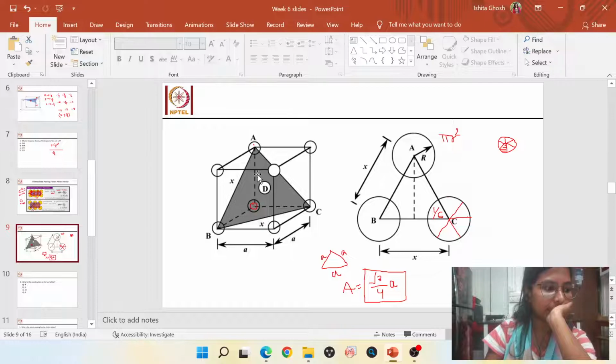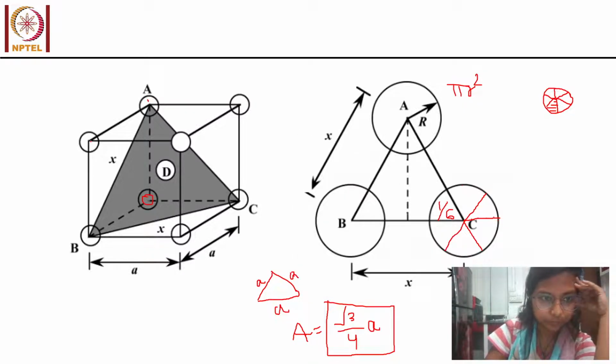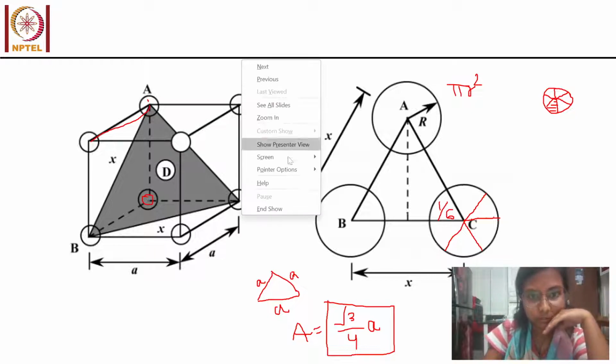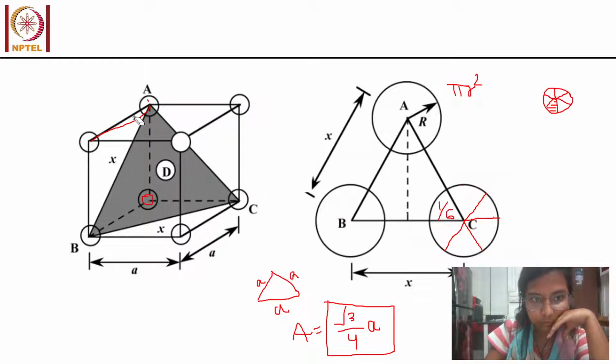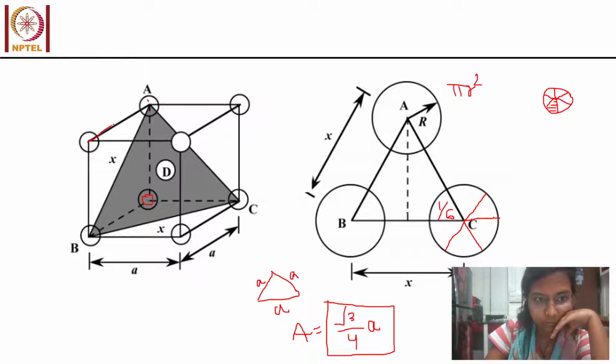So what we need is the area of the plane. So how will we find out the area of the plane? If we consider this plane, just pardon this part.